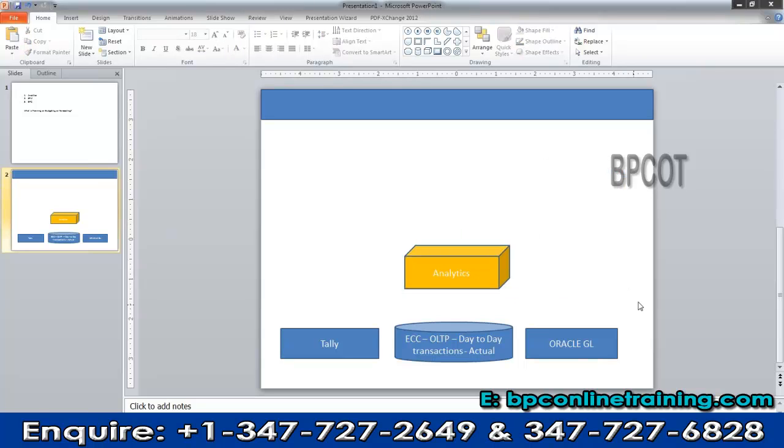Analytics is on top of these items: SAP systems and non-SAP systems.